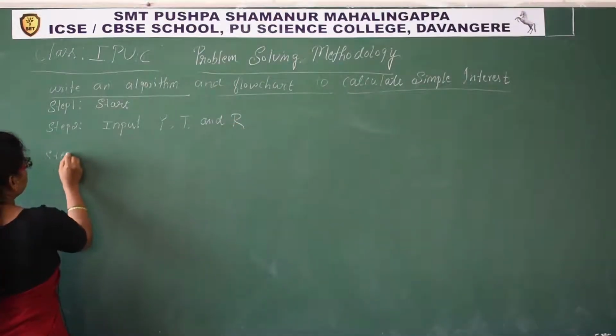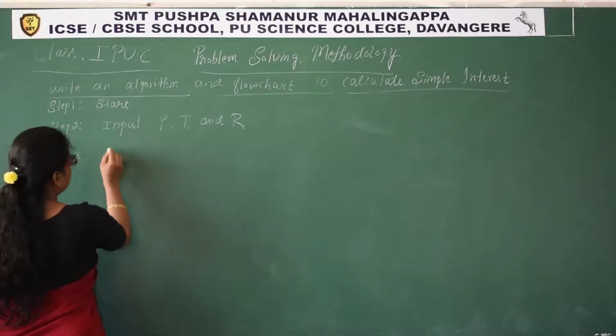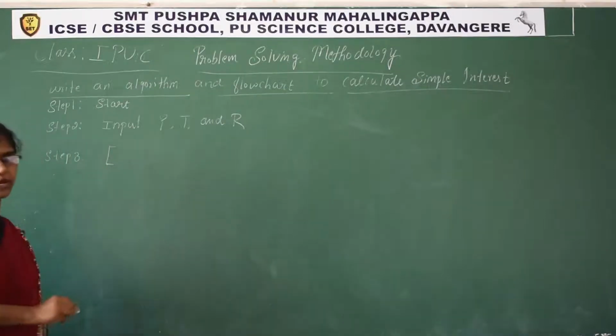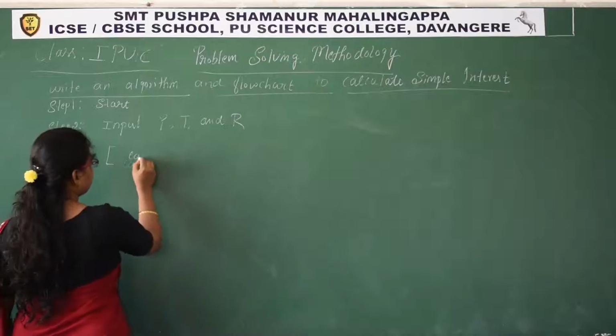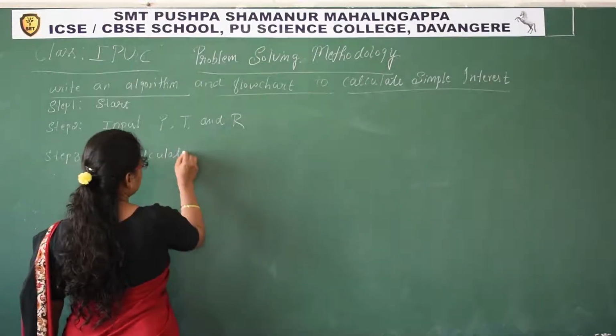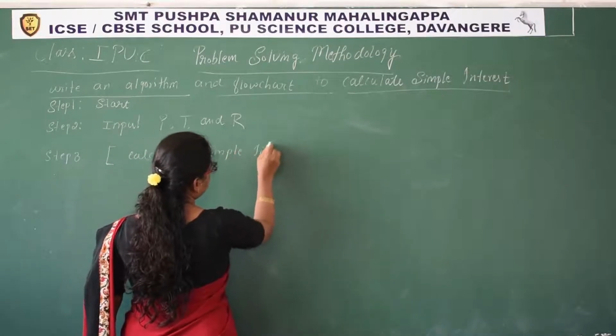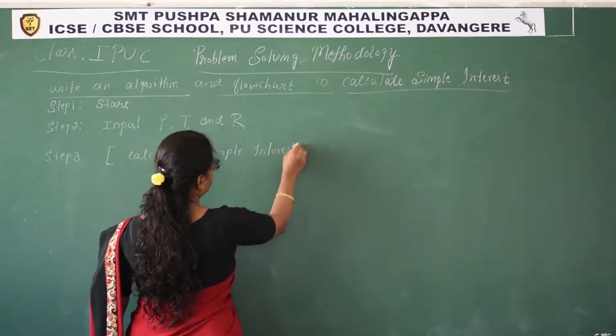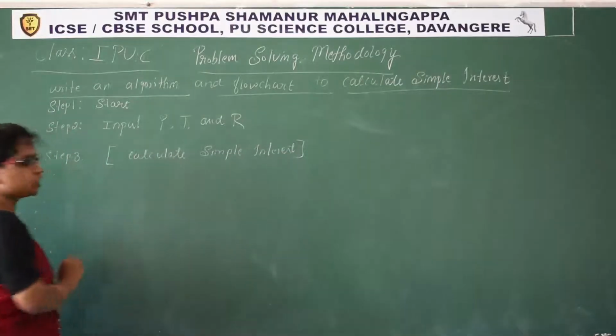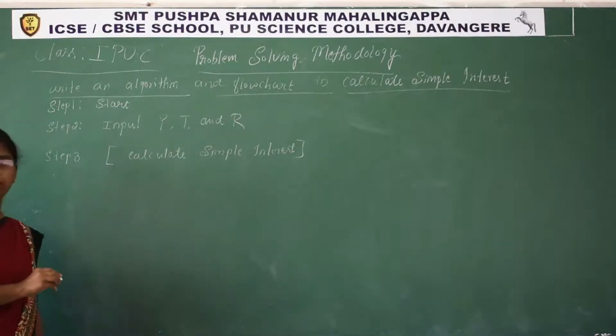Step 3, calculate. The comments are written in square brackets here. Calculate simple interest. Now what is the calculation part? P into T into R divided by 100.